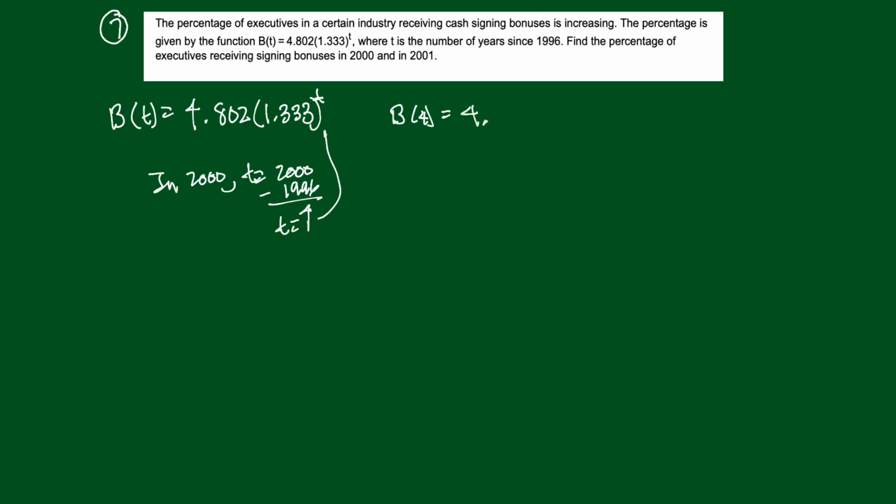This is equal to 4.802, parentheses, 1.333, all to the 4th. Calculator again. I got that B of 4 is equal to 15.1615, and so on. But it says find the percentage. Does it say to round off to any place?